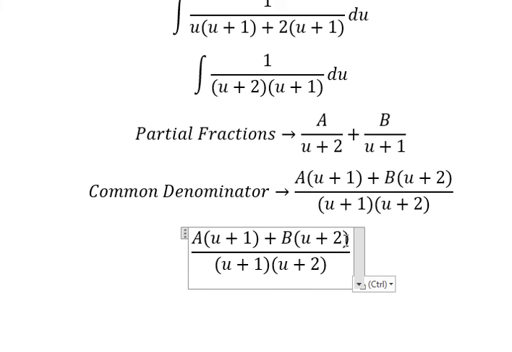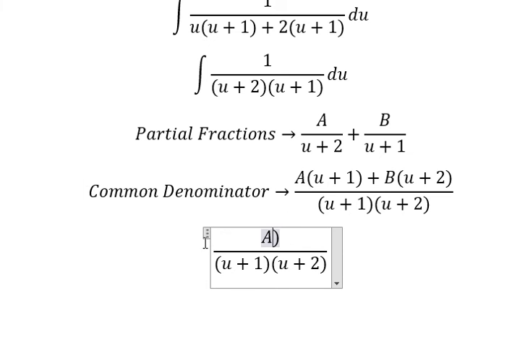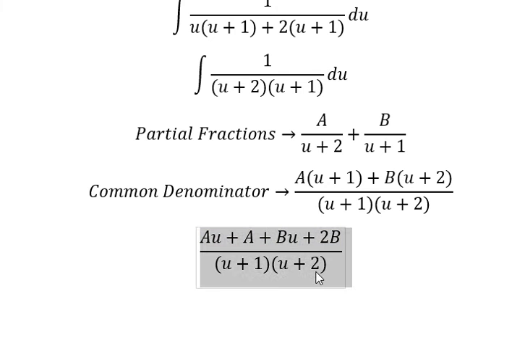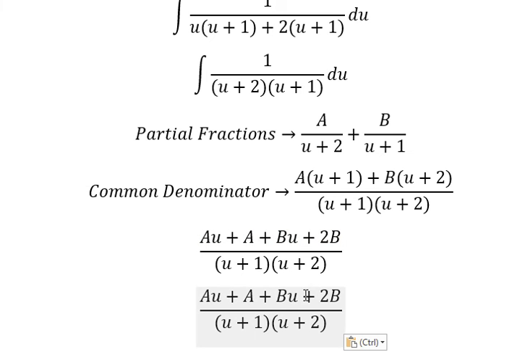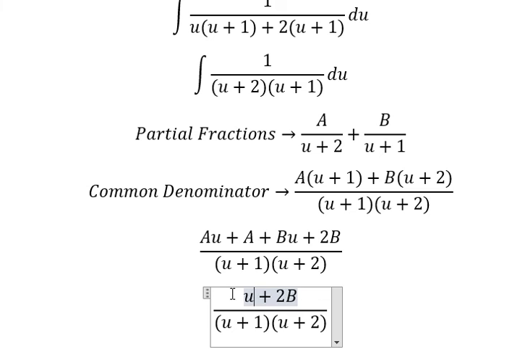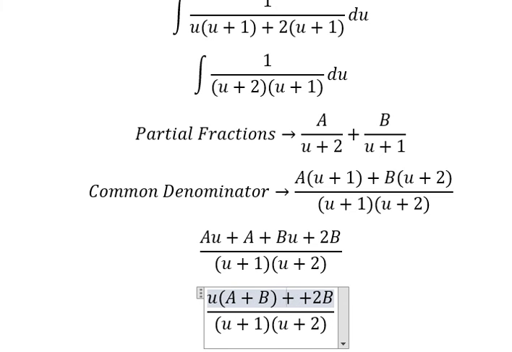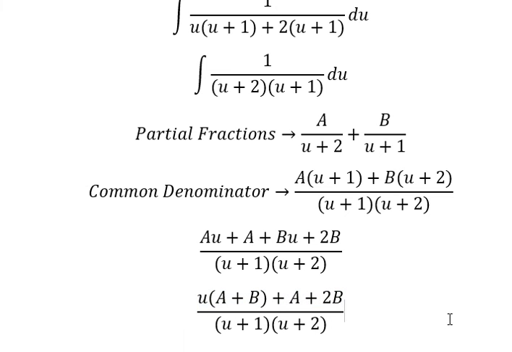Next, we need to expand this one. Next, we need to arrange based on the terms of u. Now we need to compare coefficients. We don't have u in here, so A plus B equals 0.